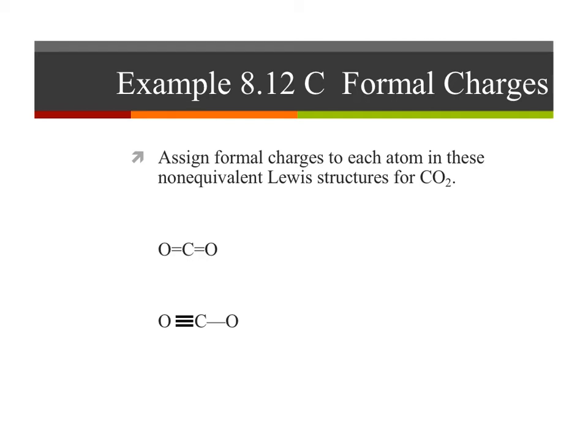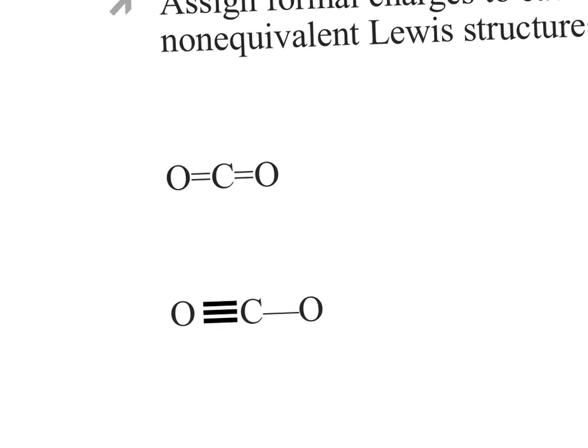If we looked at CO2, technically both of these are valid structures. If we zoom in here, we use formal charges to distinguish between them. They all have the same number of electrons. They all have 4 bonds to share to fill all their octets. But this one on the bottom is actually a valid Lewis structure by the rules that we have, but formal charges don't work.